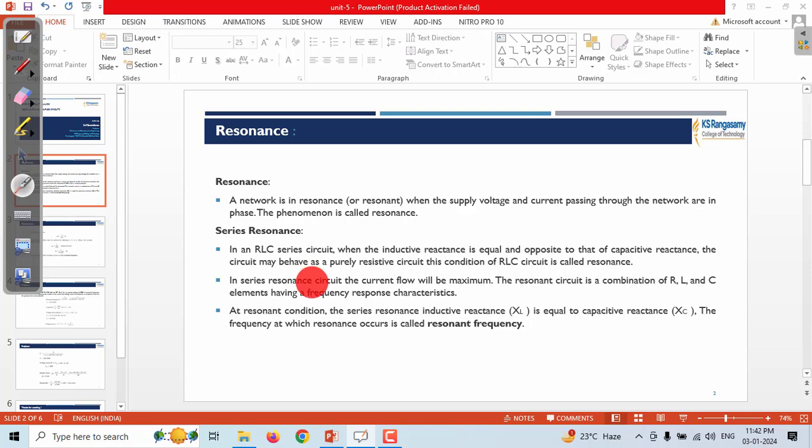In a resonance circuit, the current flow will be maximum. At resonance in a series circuit, the inductive reactance is equal to the capacitive reactance. The frequency at which resonance occurs is called the resonant frequency.